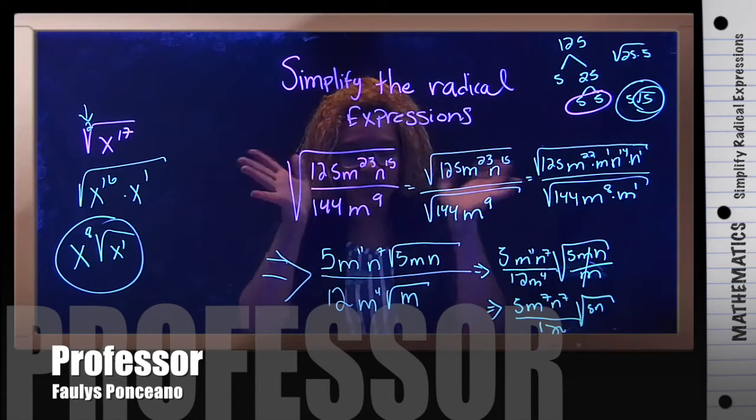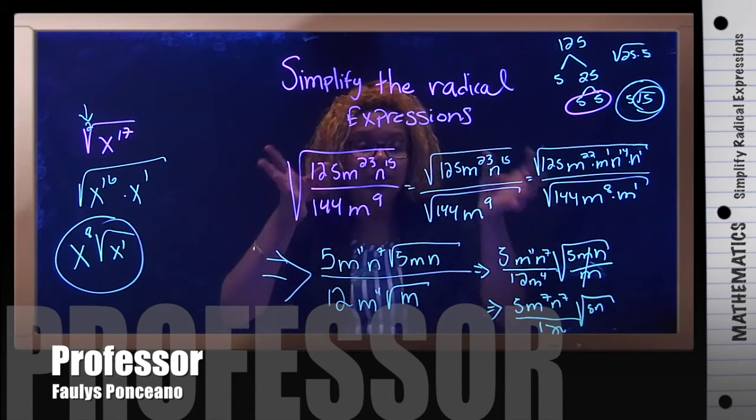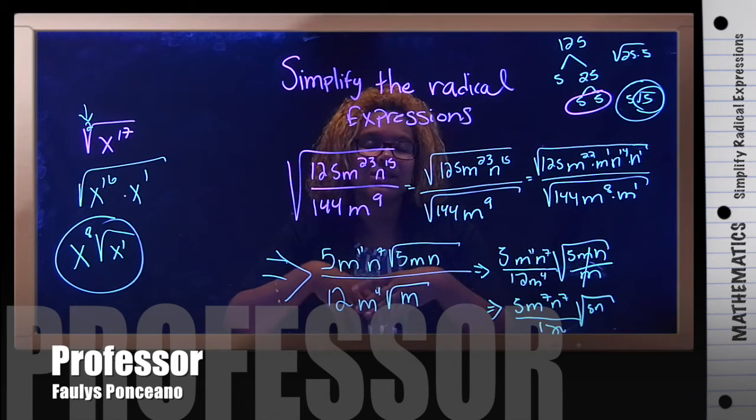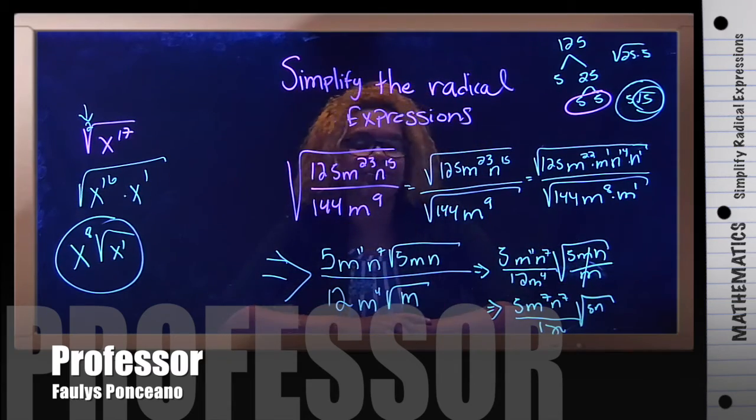Then you said, I'm going to put it all back together and see if I can simplify more, because with the square roots, you can rewrite it all in one. You did that right here. And then you said, I'm going to simplify the m's over here, and the m's over here as well.